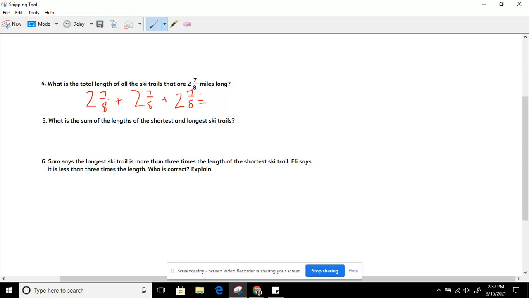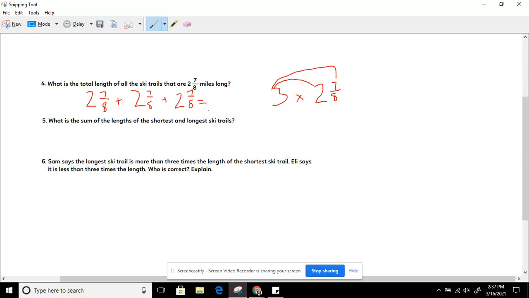Or what you could do, because it's repeated addition, is 3 times 2 7/8. And here you would multiply the 3 times the 2, and then the 3 times the 7/8, and then add the 2 answers together. Or you can add 2 plus 2 plus 2, and then 7/8 plus 7/8 plus 7/8, and add those 2 answers together. Okay, so there's 2 ways to solve number 4.